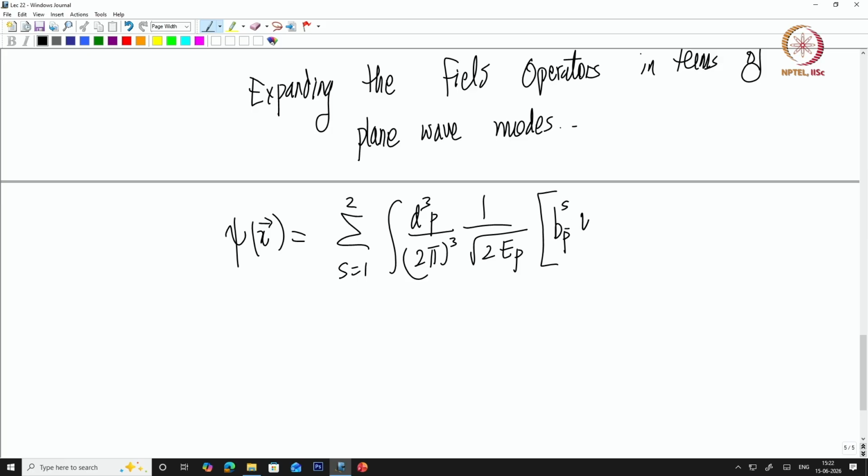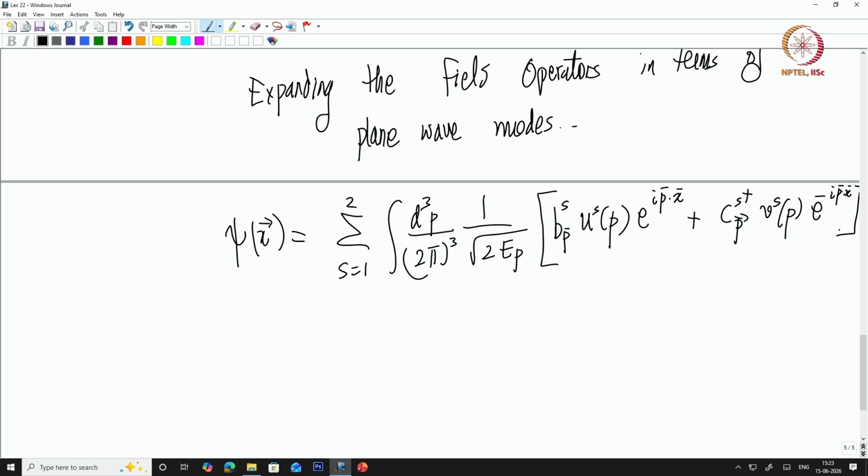So this is b_p^s, these are the operators, u^s(p) e^{ipx}, plus c_p^{s†} v^s(p) e^{-ip·x}.